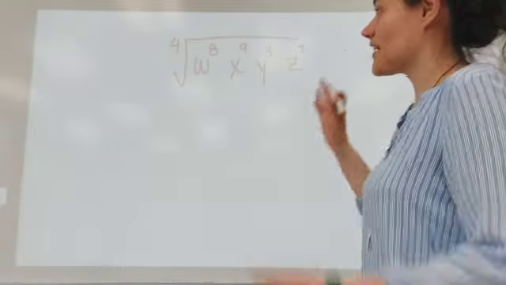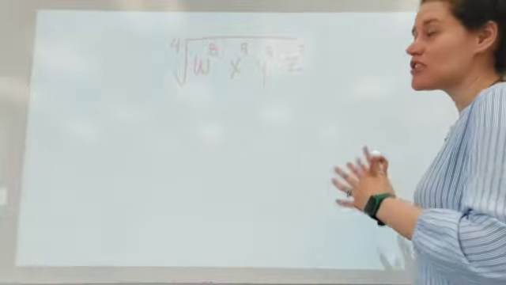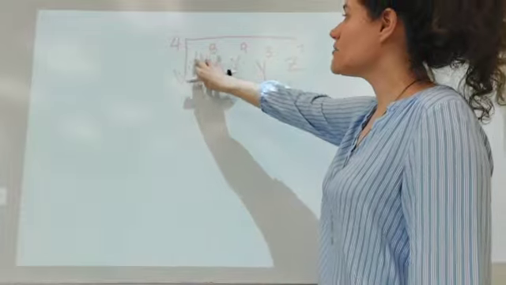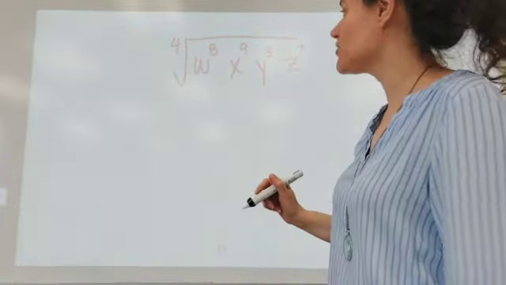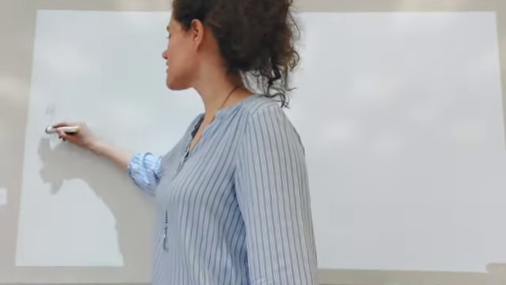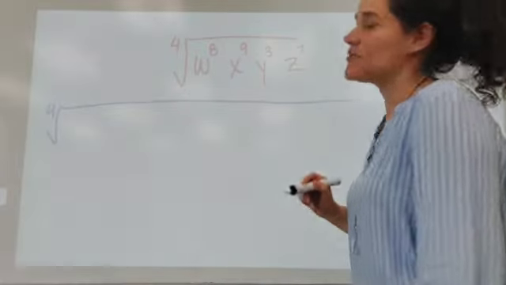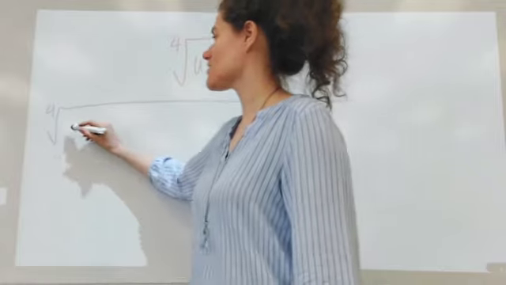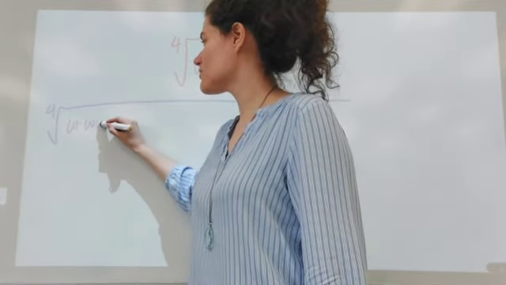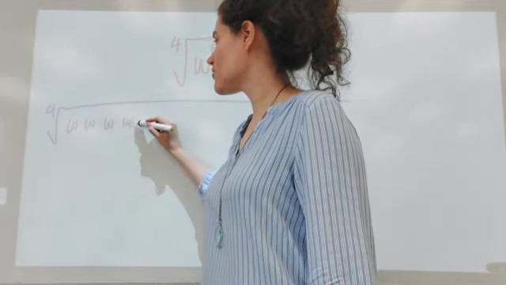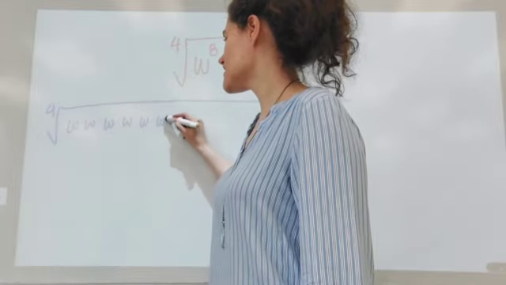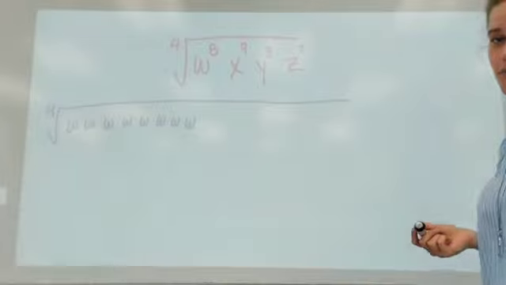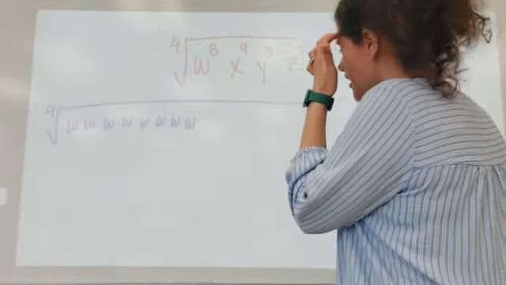Okay, so like I said, we're just going to look at each thing individually. So w to the 8th power, if you remember, that's just w being multiplied by itself 8 times. So this is 1, 2, 3, 4, 5, 6, 7, and 8 with the w. Okay?